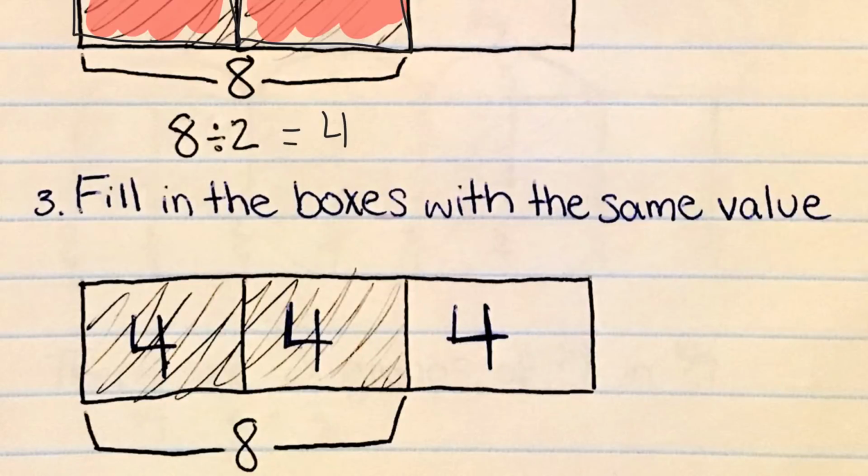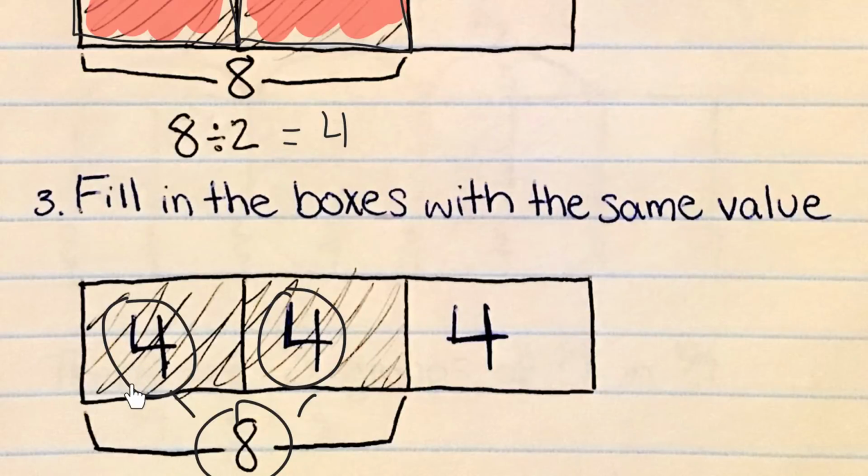Like previously, we said that 8 divided by 2 is 4, so each of these boxes is going to be worth 4. The most important rule from when we talked about tape diagrams is once you know one box, you know all the other boxes. So if this is 4, that means this is 4, which means this final number is 4 as well.